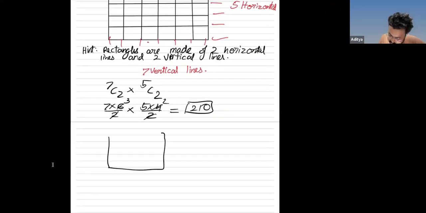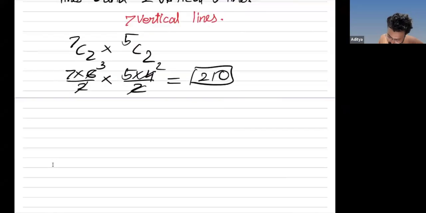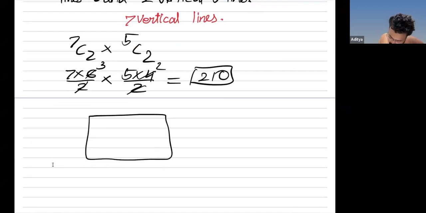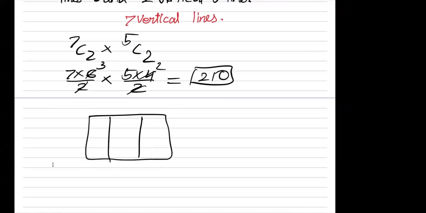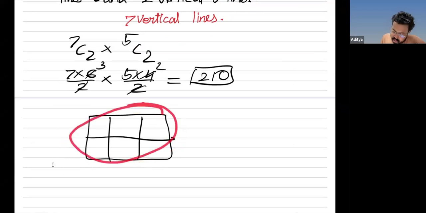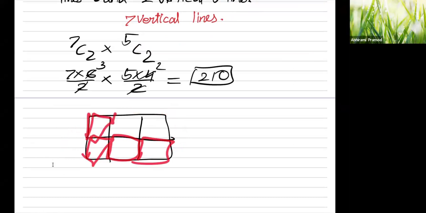You can try this for a smaller example. For example, take this. How 210 came, sir? You try it for a smaller example. You just do manual counting over here and see that, okay, 1, 2, 3, 4, 5, 6.